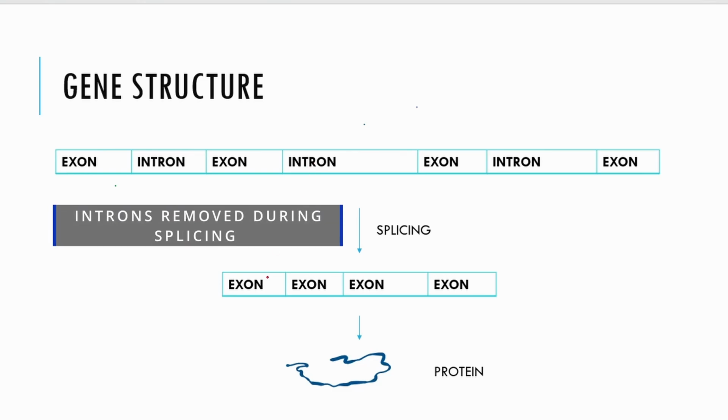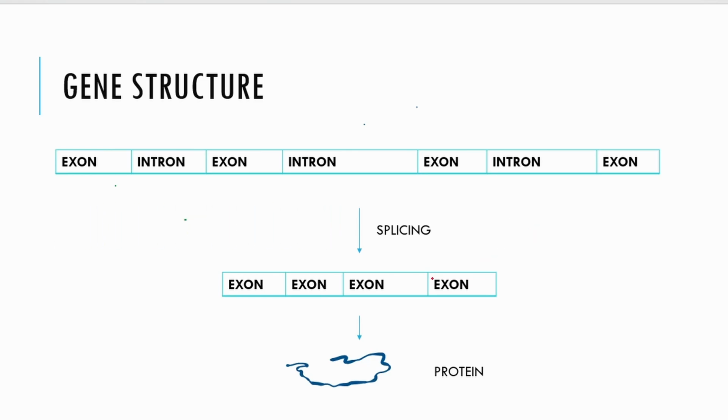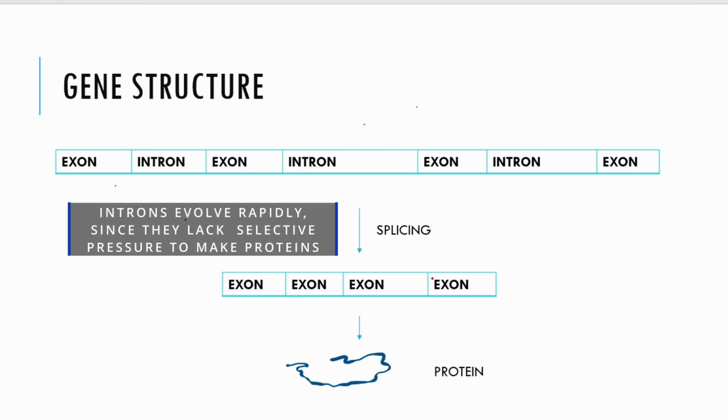In the mature protein, the introns are actually absent, and they are removed during splicing. And exons are the conserved sequences that are actually responsible for making proteins. And this is the reason why introns can evolve more rapidly than exons, because of the lack of selective pressure to produce proteins.